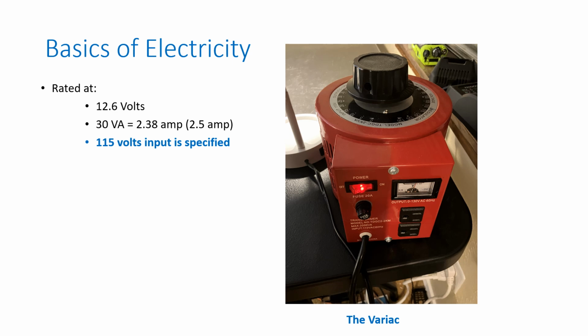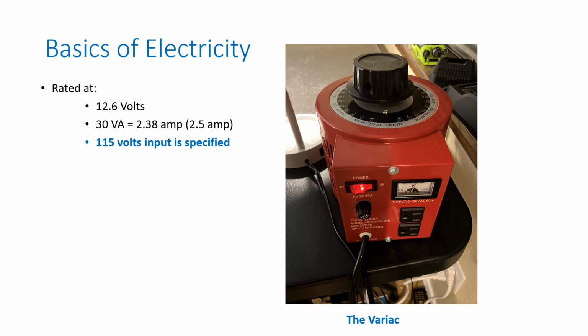My test showed that the 2.5 amp capacity is more accurate than the 30 volt amp rating. Now, in order for me to show you exactly how all the voltage ratios work, because it's rated for 115 volts input, I decided to feed it with a variac so that I can dial the exact voltage I want. That way I can demonstrate the turns ratio and how current affects voltage exactly.